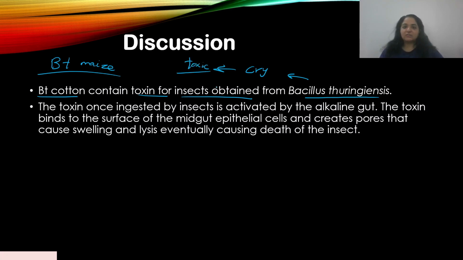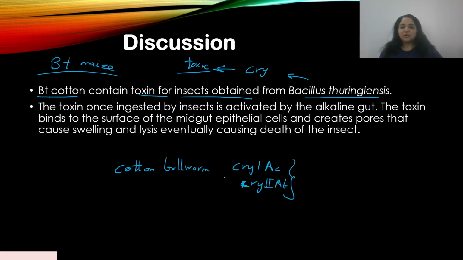Now there are some genes that are useful against the cotton bollworm, so it behaves like an insecticide in cotton bollworm. That is, I think, cry1Ac and cry2Ab.